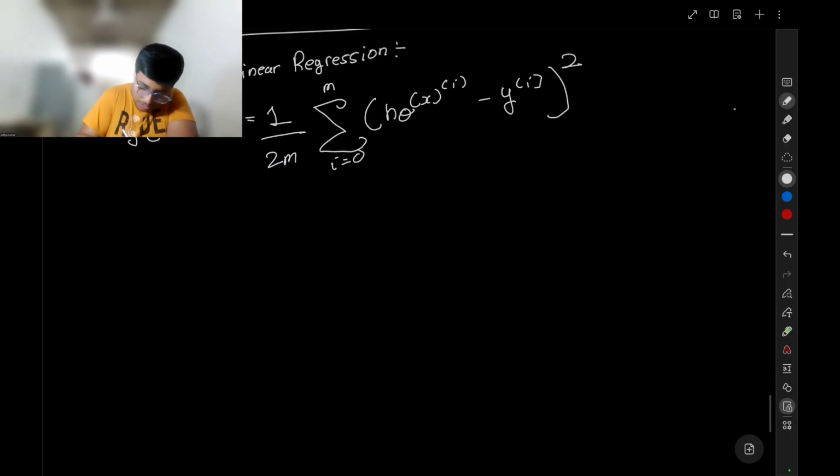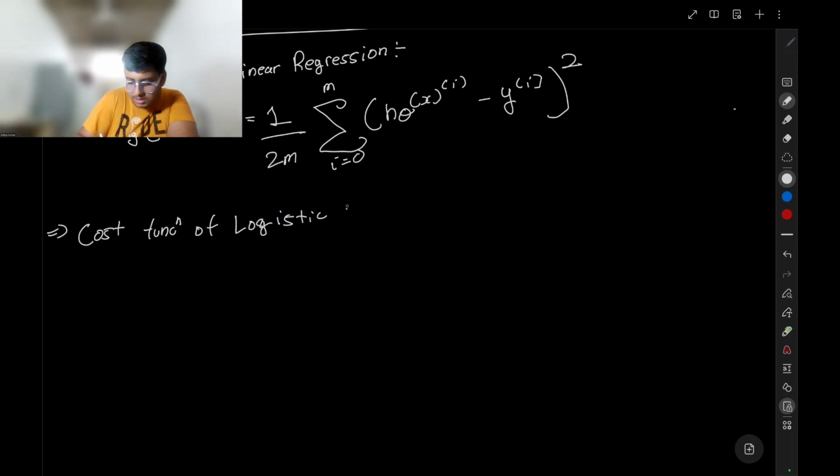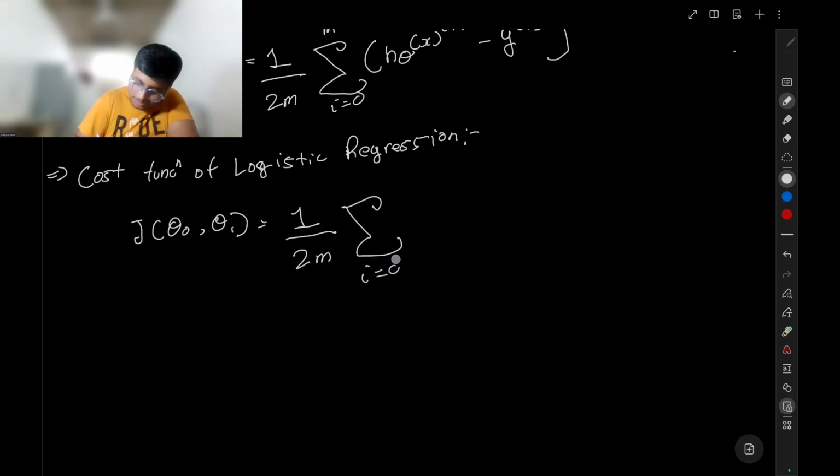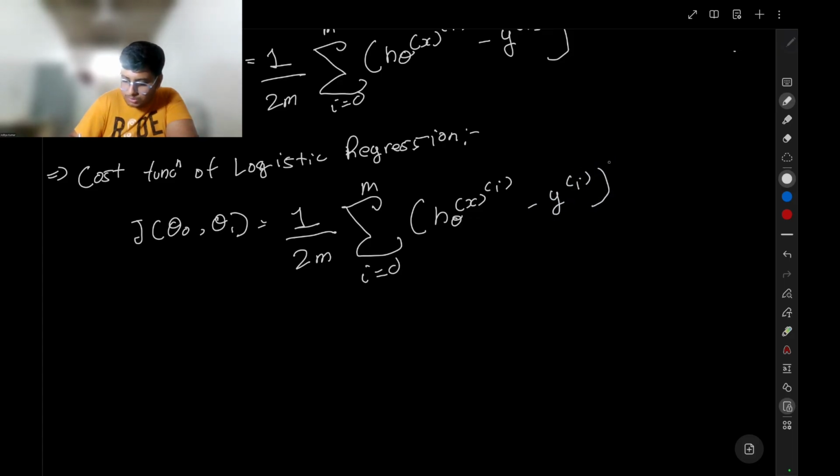Now you will be amused to see the cost function of logistic regression. Cost function of logistic regression: J of theta 0, theta 1 is equal to 1 upon 2m, summation i equals 0 to m, h of theta of x i minus y i, whole square.